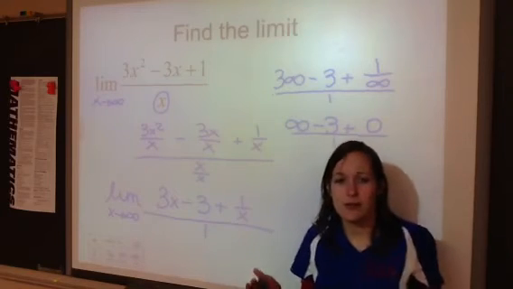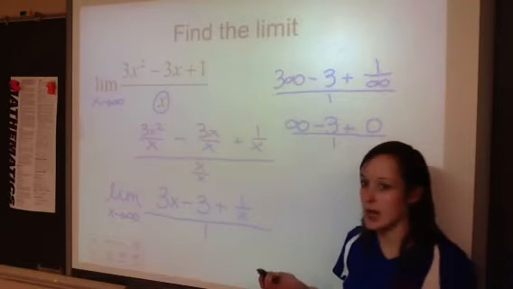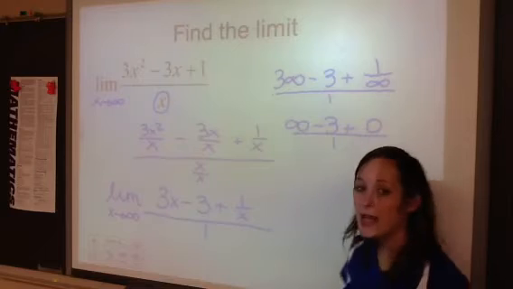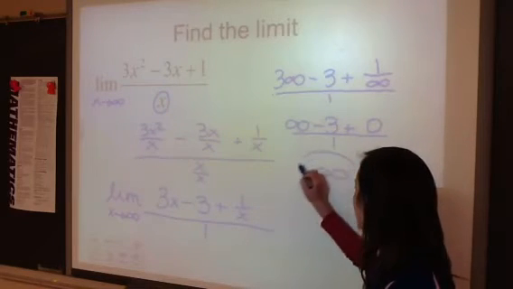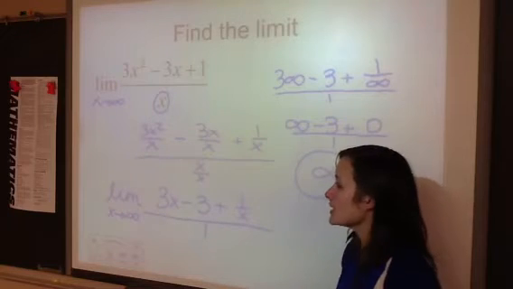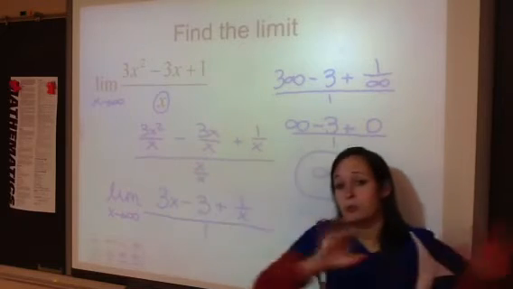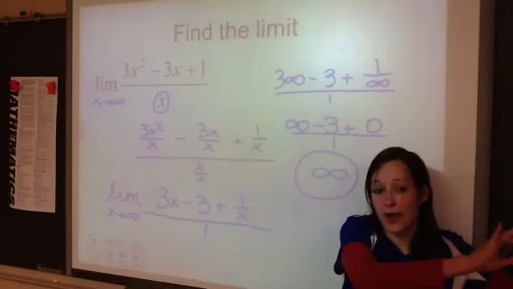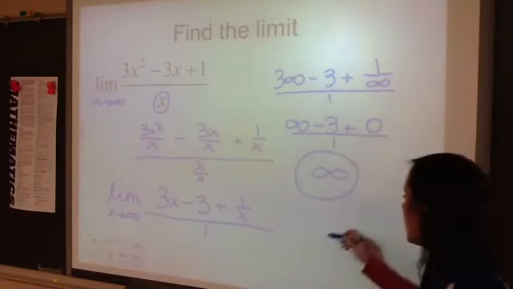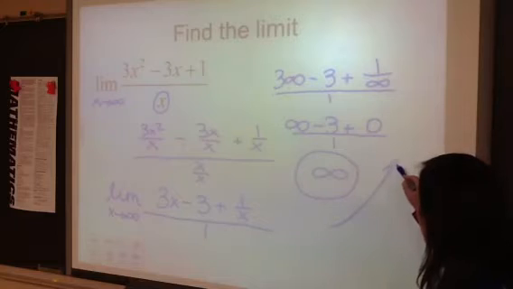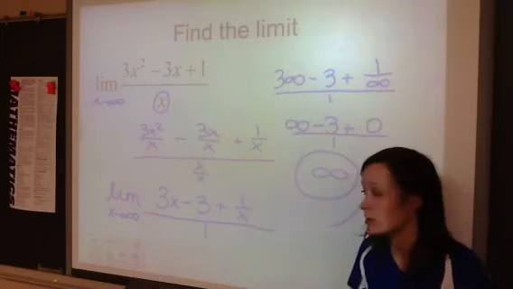If we take away 3 from infinity, we're still at infinity. If we add 0 to infinity, we're still at infinity. So our answer is infinity on this one. That means as x goes to the right, our graph's y value is going up, towards infinity.